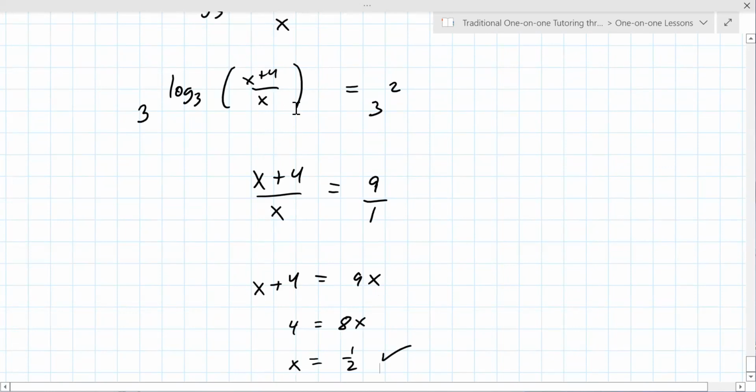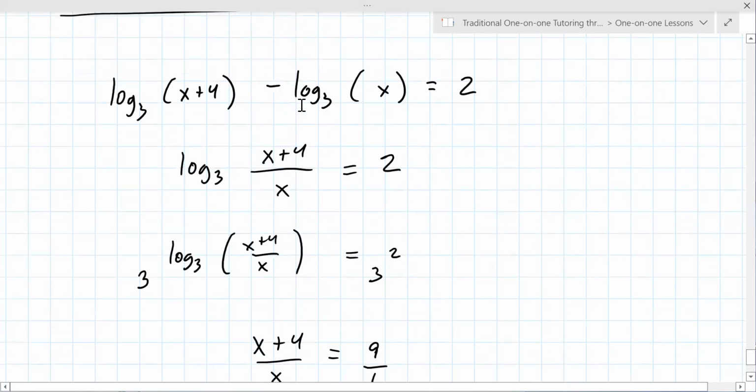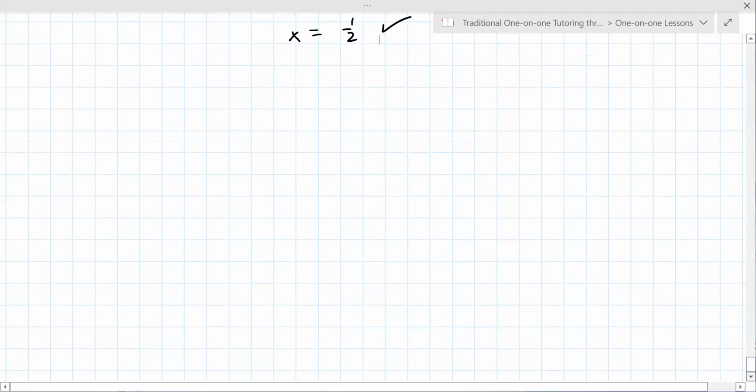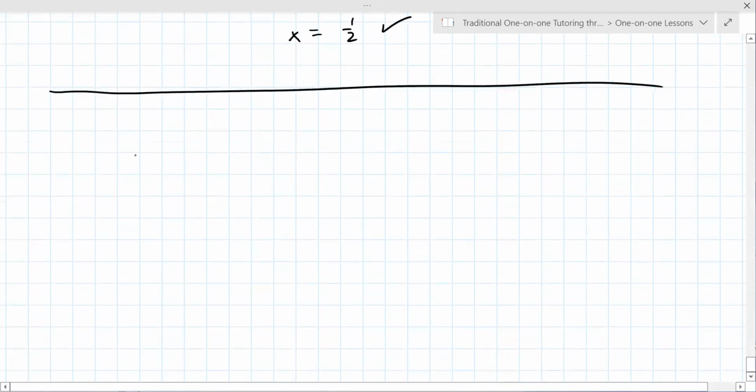Okay, awesome. So you just remember the difference becomes a quotient, a product becomes a sum. We did a product one that I would practice again because it had 2 solutions, one that did not work out. Then we'll do one real quick with e. Let's say 4 equals 2e to the x minus 1.